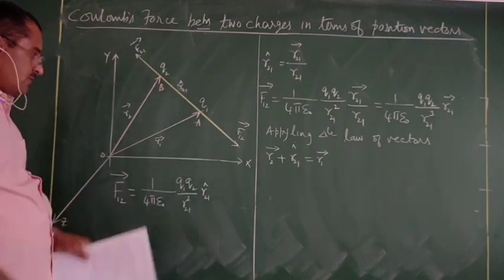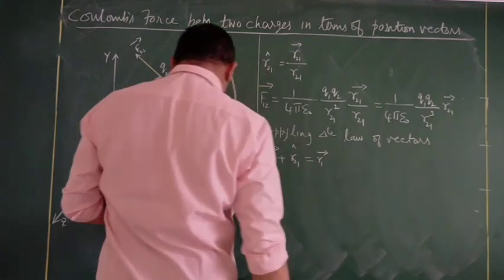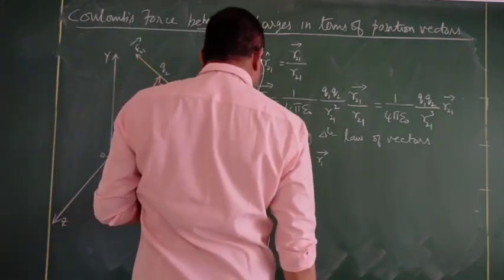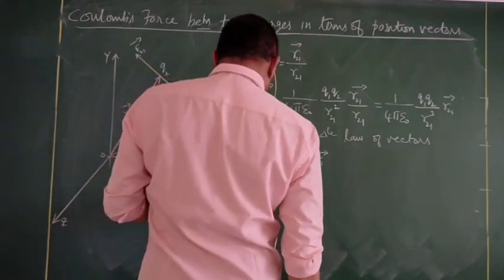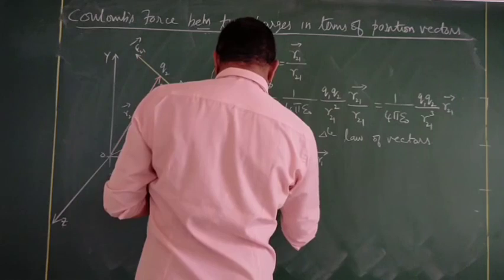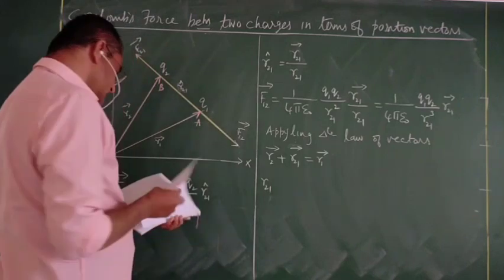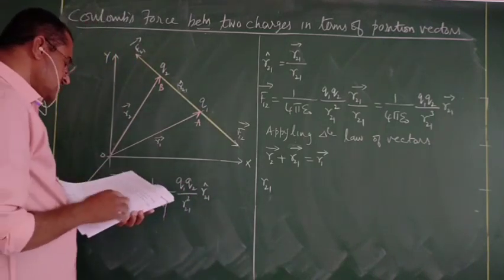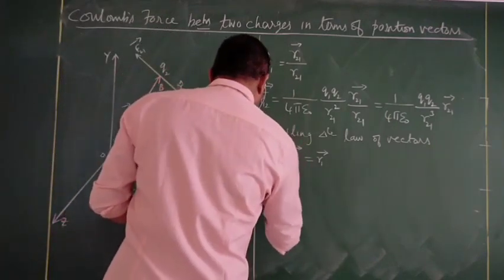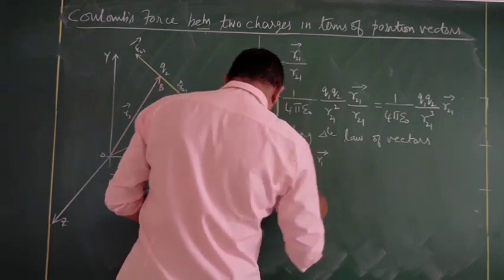Okay. Now, from this, I find out R21 vector is equal to R1 vector minus R2 vector.